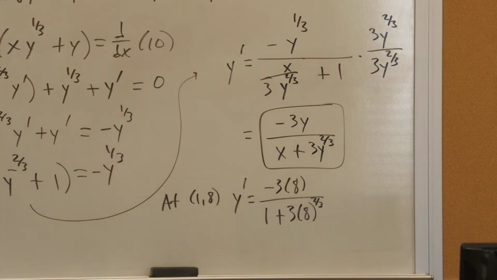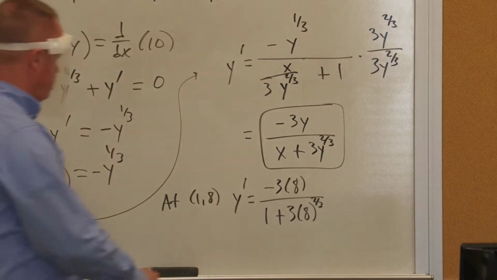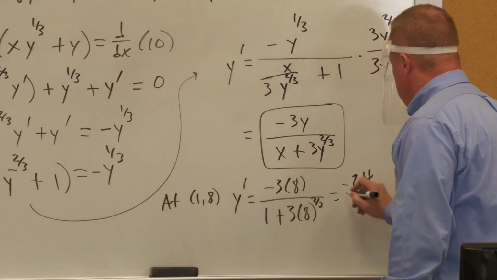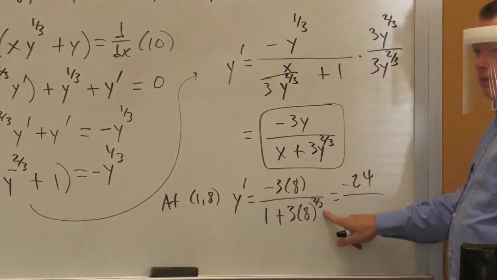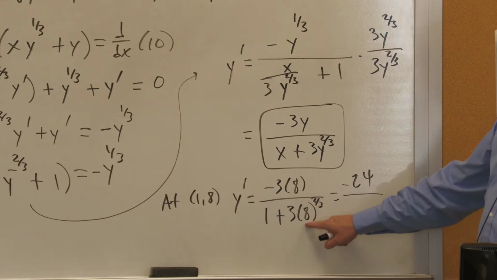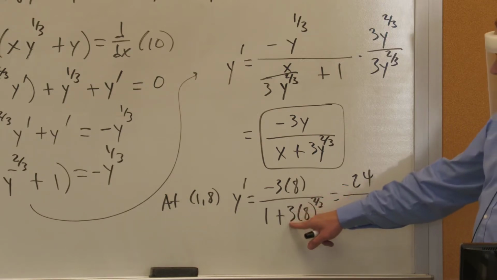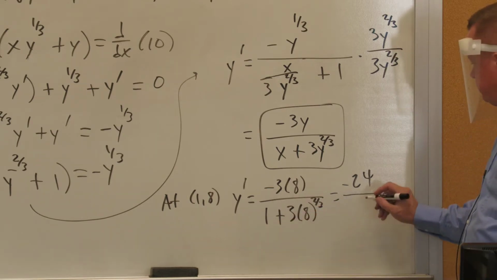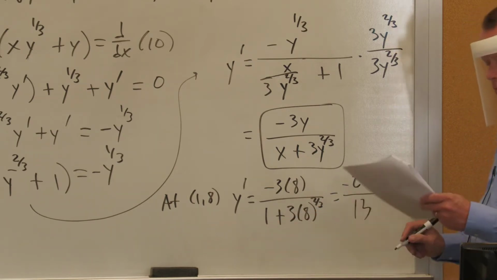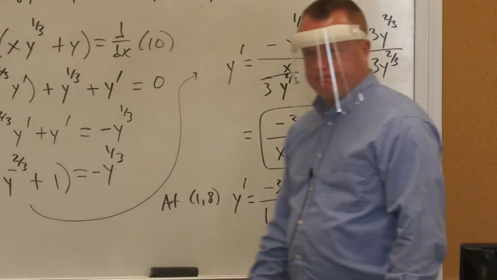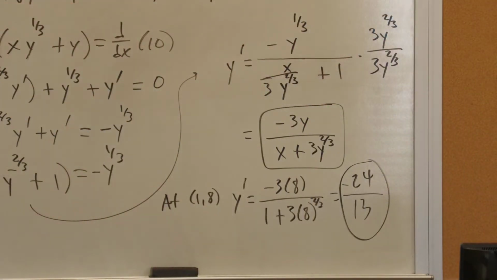All right. Okay, so 3 times 8 is 24, so I got negative 24. All right, 8 to the 2/3 power. Cube root of 8 is 2. 2 to the second power is 4. 4 times 3 is 12, plus 1 is 13. Negative 24 over 13. Okay. All right, any questions about that?